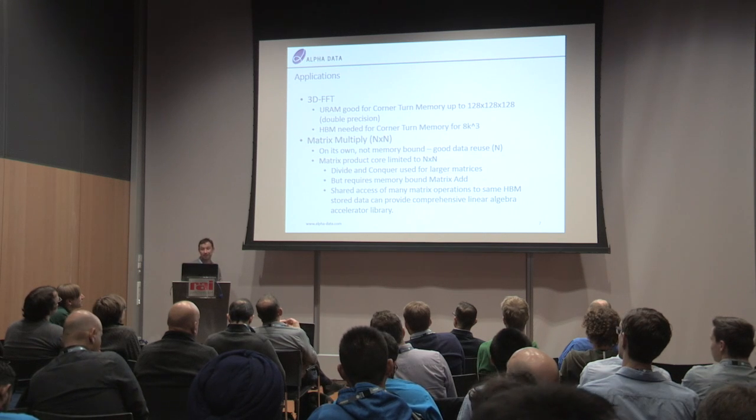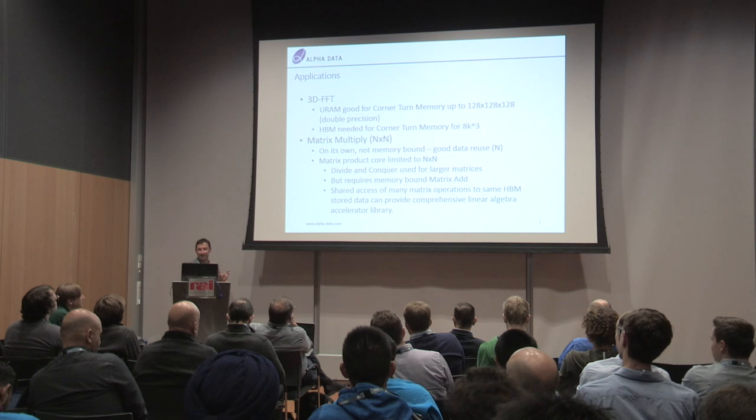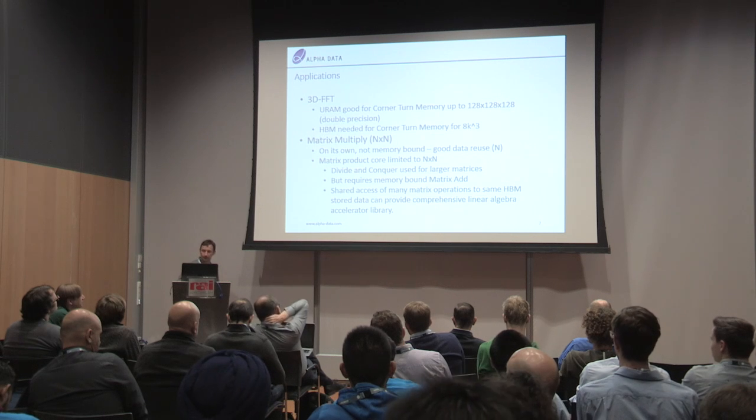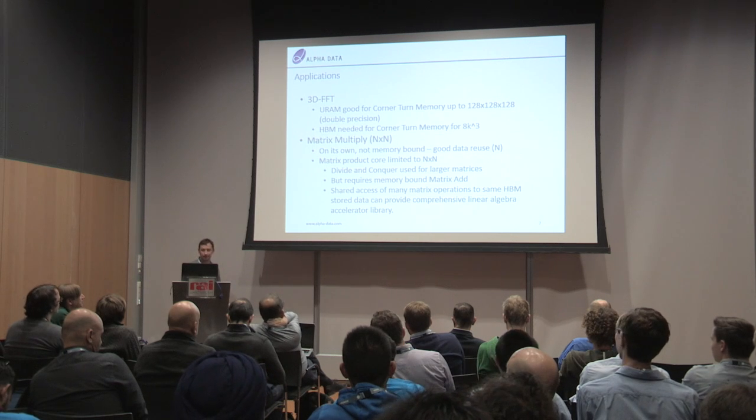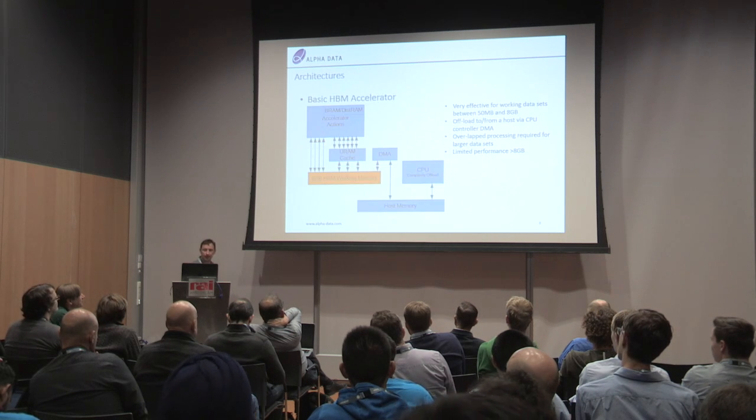So there's a potential to use the multiple port options of HBM to manipulate this data in a higher bandwidth way in parallel, or as part of the same algorithm and same library as the matrix multiply.